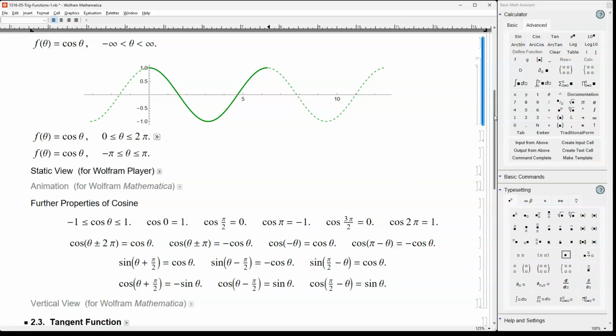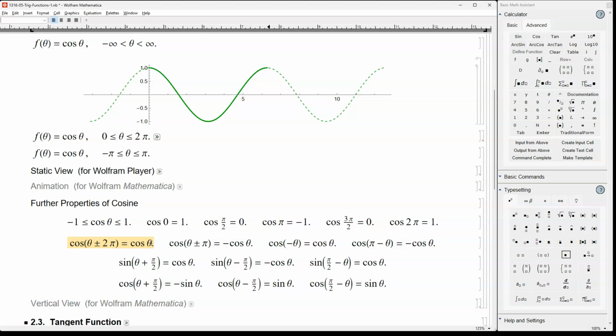For now, let us just get these from the behavior of the graph. Cosine function is bounded between -1 and +1 here. Cosine of 0 is maximum 1. Cosine of pi over 2 is 0. Cosine of pi is minimum -1 right here. And cosine of 3 pi over 2 is 0. And cosine of 2 pi comes back to the maximum 1.